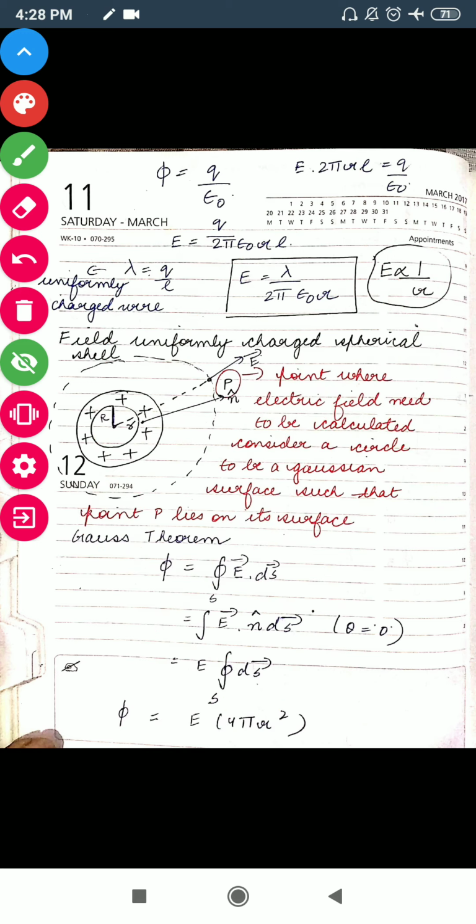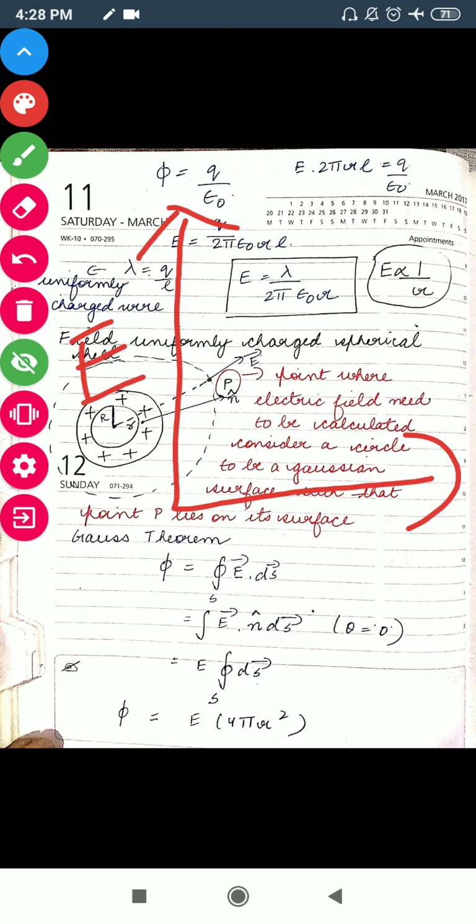So now if you draw a graph between electric field intensity and distance, then till capital R the electric field is 0, and after that it becomes maximum at r equals R, and then it starts decreasing.